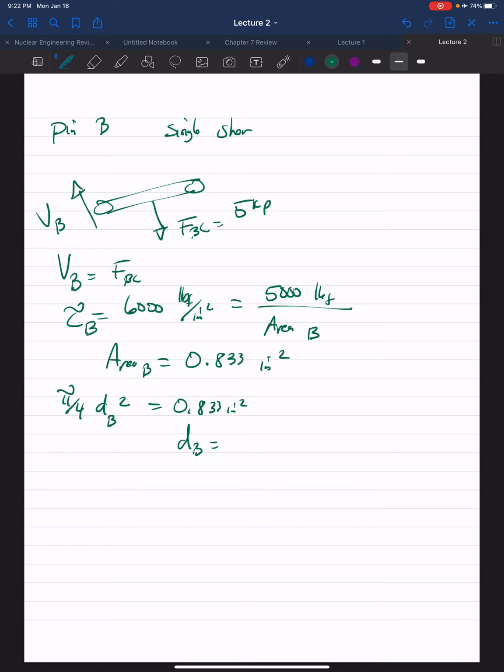Your diameter is equal to 1.03 inches. To the nearest 16th, round up to 1 1/16 inch.